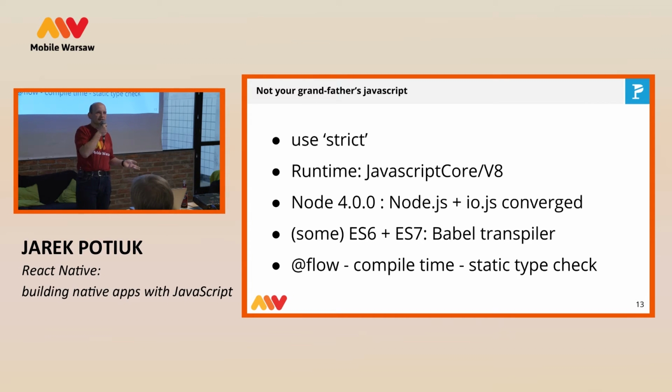For those of you who like static typing, and most of you are Objective-C and Java programmers, Facebook also invented something called Flow, which is another transpiling step. During the compilation of this JavaScript and preparing it for running, you can mark certain pieces of the source code as Flow capable, and then you can specify the types of parameters and methods that you have in the code, and it verifies those types.